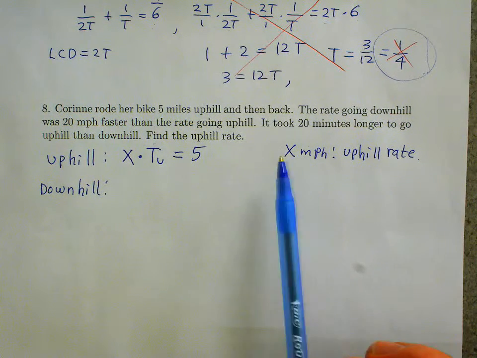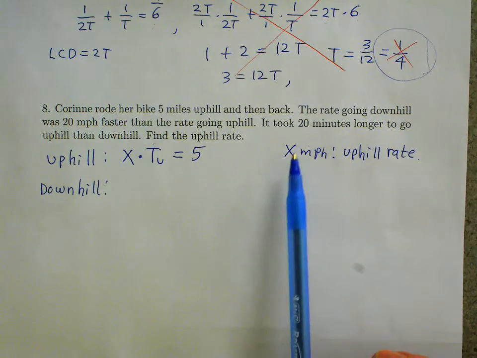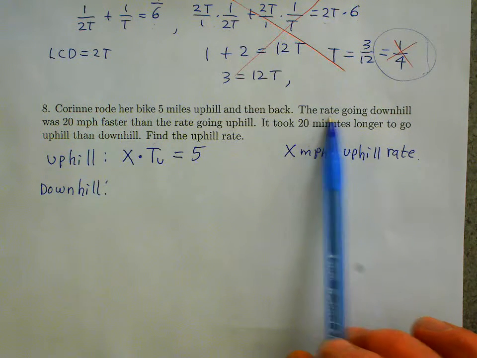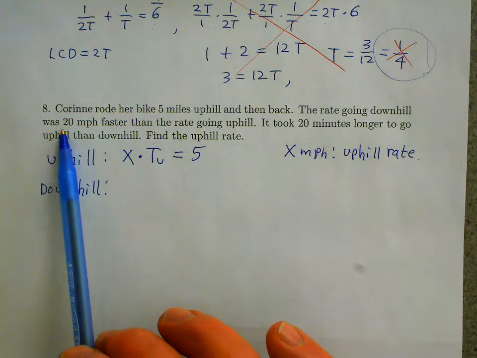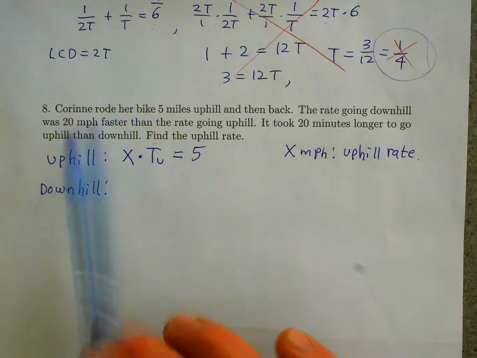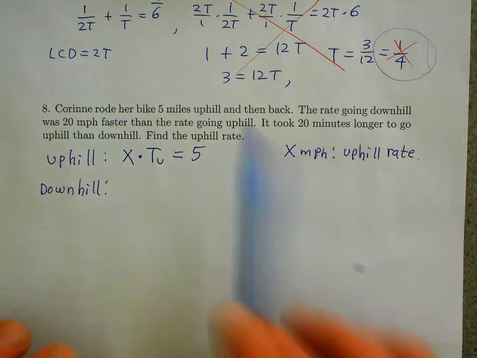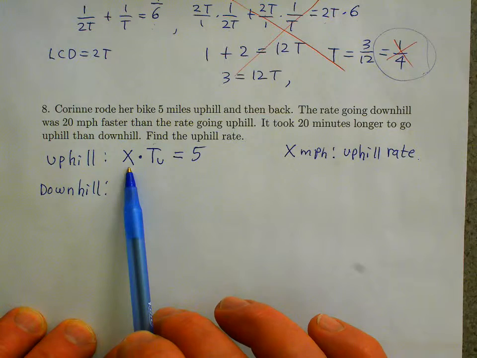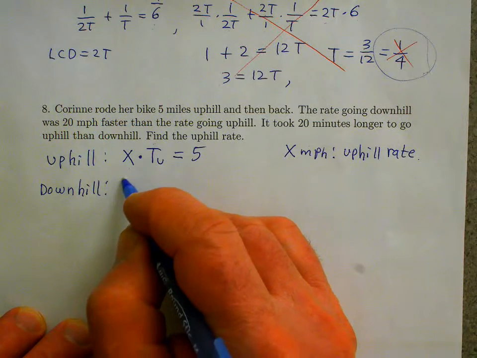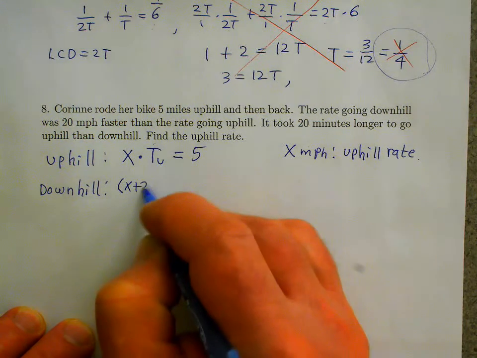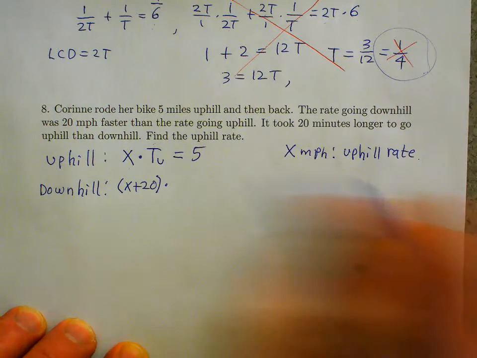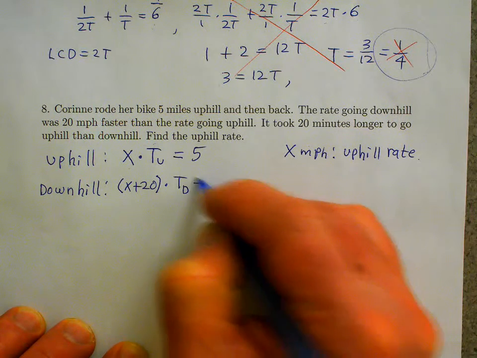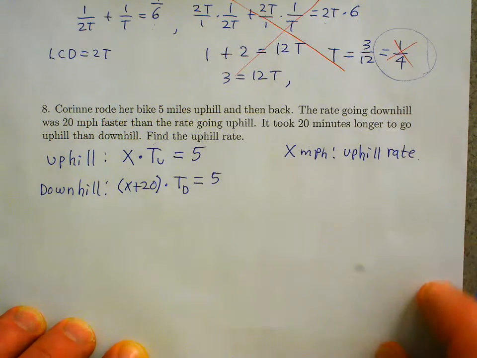Okay, then riding 5 miles downhill, we're told that the rate going downhill was 20 miles per hour faster than the rate going uphill. So if x miles per hour is the rate going uphill, the rate going downhill is x plus 20 miles per hour. And we'll use t sub d for the amount of time it takes to ride 5 miles downhill.